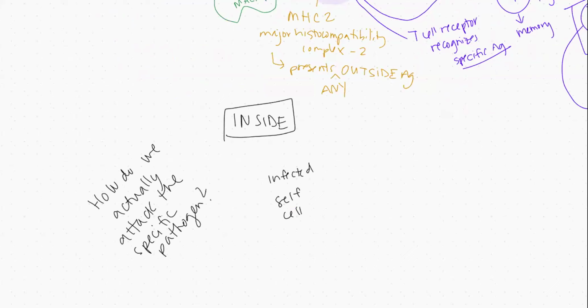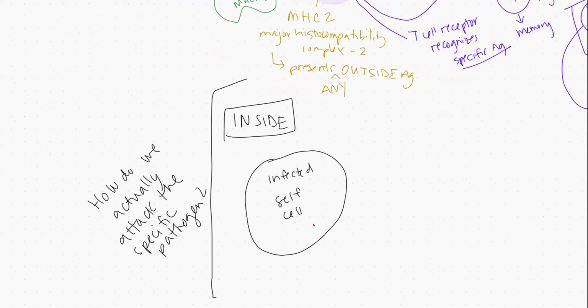Okay. Starting with the inside response, we'll have an infected self cell. It's got virus inside of it. It's going to put that virus on the outside of itself on an MHC1.